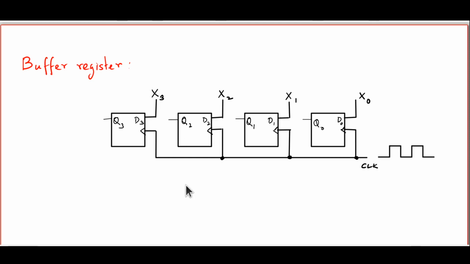Now the operation of this particular register is very, very simple. As long as the clock is low, nothing happens. But when the clock goes high, remember, these are all edge triggered as shown by these triangular symbols here. The moment the clock goes high, D0, D1, D2, D3 respond to the corresponding input values, and the outputs Q0, Q1, Q2, Q3 become X0, X1, X2, X3 respectively.